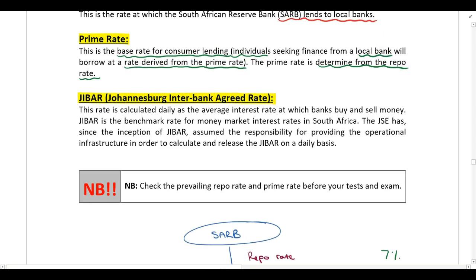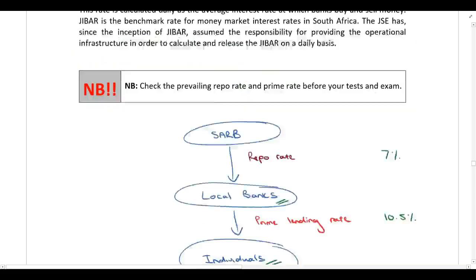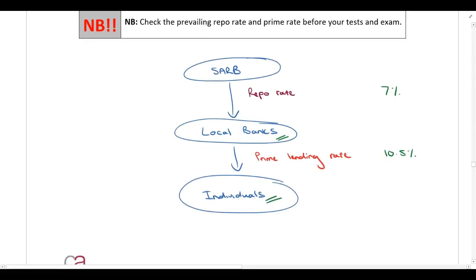Remember, the prime lending rate is determined from the repo rate, so it depends on what the repo rate is. In my example, our prime lending rate is 3.5% higher than my repo rate, so banks are lending at 3.5% above the repo rate.